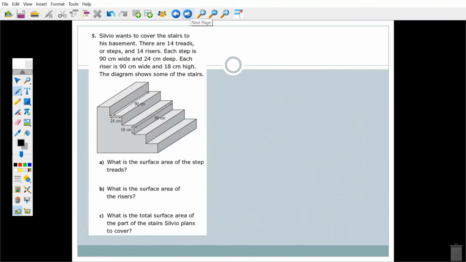Now, here's one that sometimes gives students trouble. It says Sylvia wants to cover the stairs of his basement. There are 14 treads or steps, so there's 14 steps marked in black there. And there's also 14 risers, which is this part right here, marked in red.